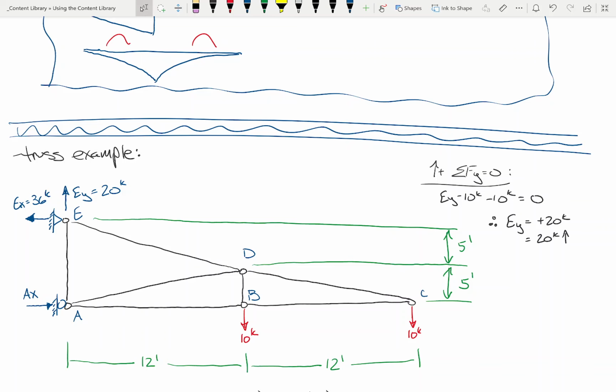Yes. Okay, this is also kind of a stupid question, but when it's the little triangle on the circles, is that a roller? That's a hinge. I'm just using the little circles to indicate a truss joint. The one at A is a roller. That's a roller? Yes. That's a hinge. Okay.